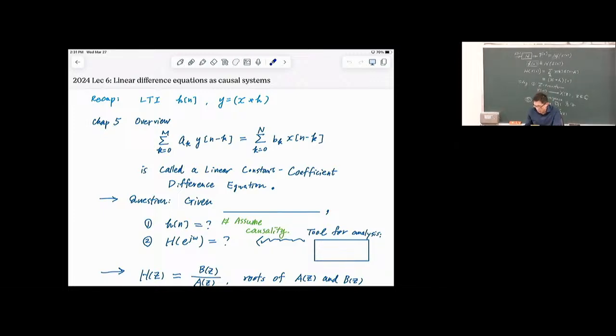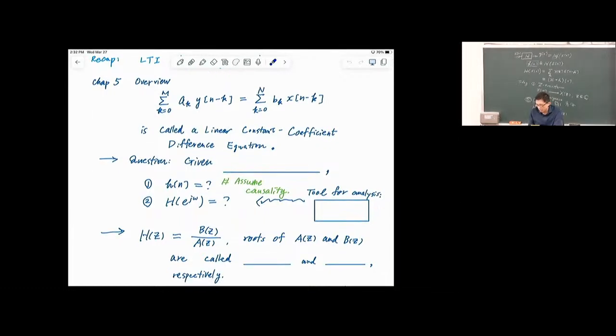But for now, let's just review the linear time invariant system. Let's begin with a recap. A linear time invariant system is characterized by its impulse response, in that the output is equal to the input convolved with the impulse response. And here's an overview. In the contents right here, and probably into the next lecture, we are going to be covering textbook chapter 5. Okay, chapter 5 is all about difference equations.